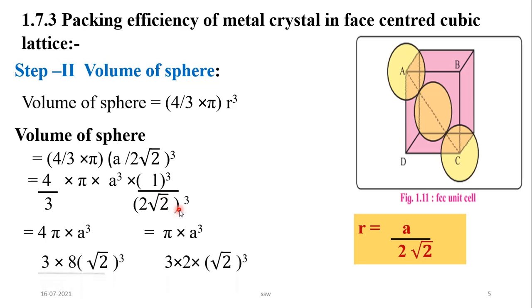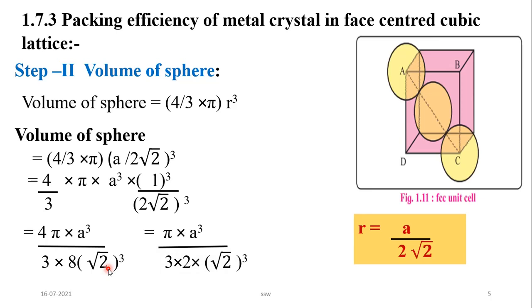If you solve this, then we get what? 4 pi a cube divided by 3 into the cube of 2 is 8, and therefore 3 into 8 into the cube of root 2.